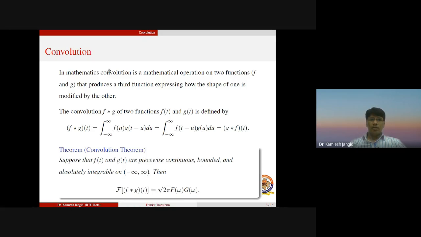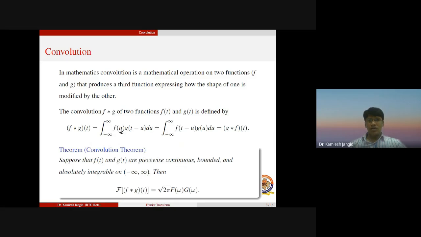In mathematics, convolution is a mathematical operation on two functions f and g that produces a third function expressing how the shape of one is modified by the other. Mathematically, the convolution of two functions f of t and g of t is defined as the integral from minus infinity to plus infinity of f of u g of t minus u du.